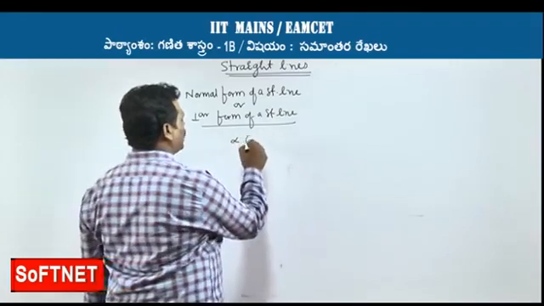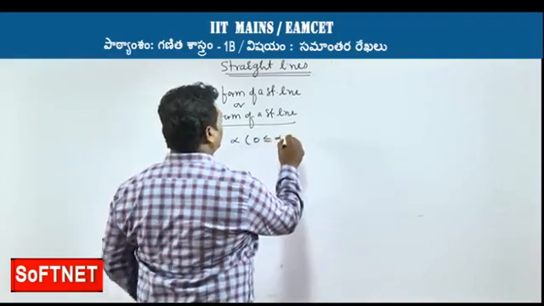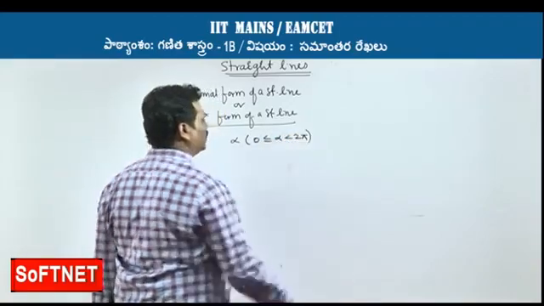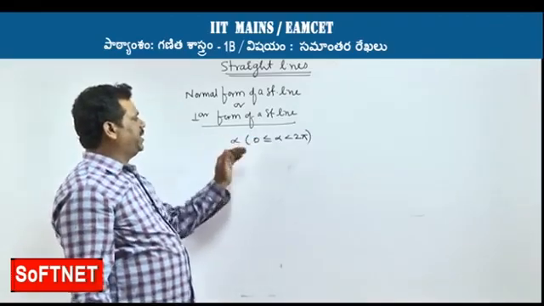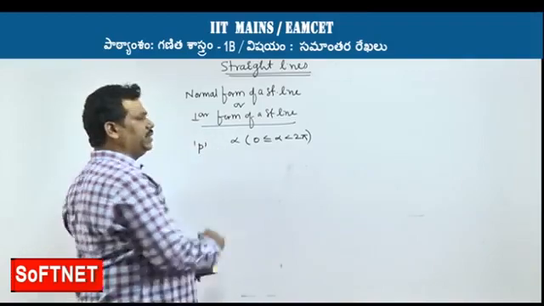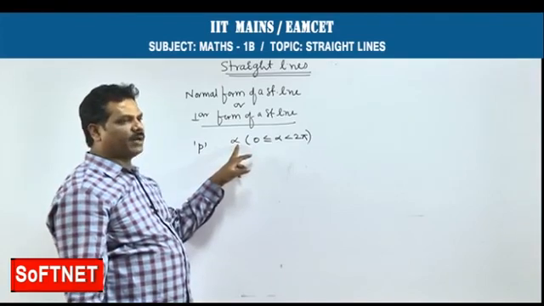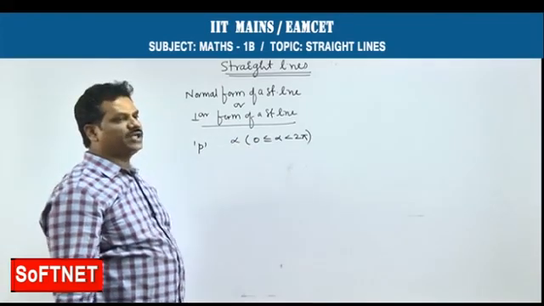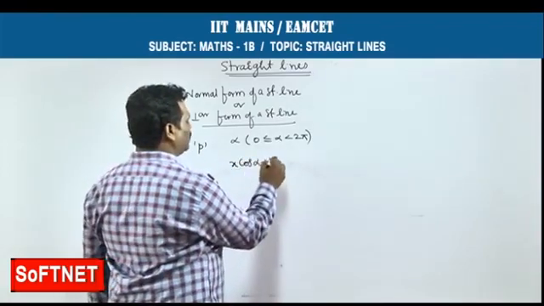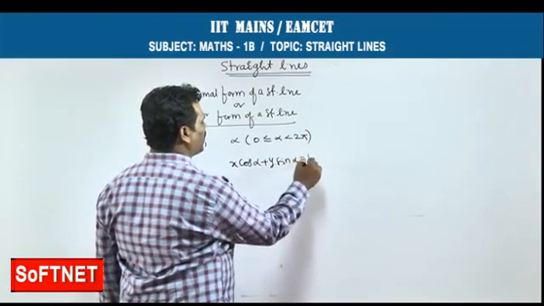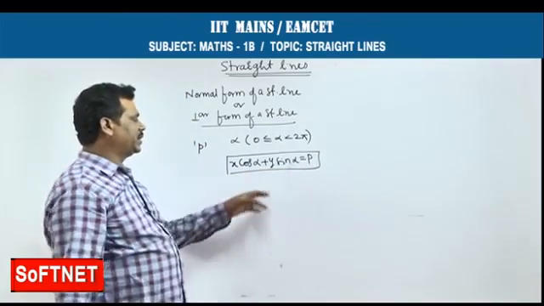Here alpha always lies between 0 less than or equal to alpha less than or equal to 2 pi. The equation of the straight line which is at a distance p from the origin, and alpha is the angle made by the perpendicular with the positive direction of the x-axis, is x cos alpha plus y sin alpha equal to p.